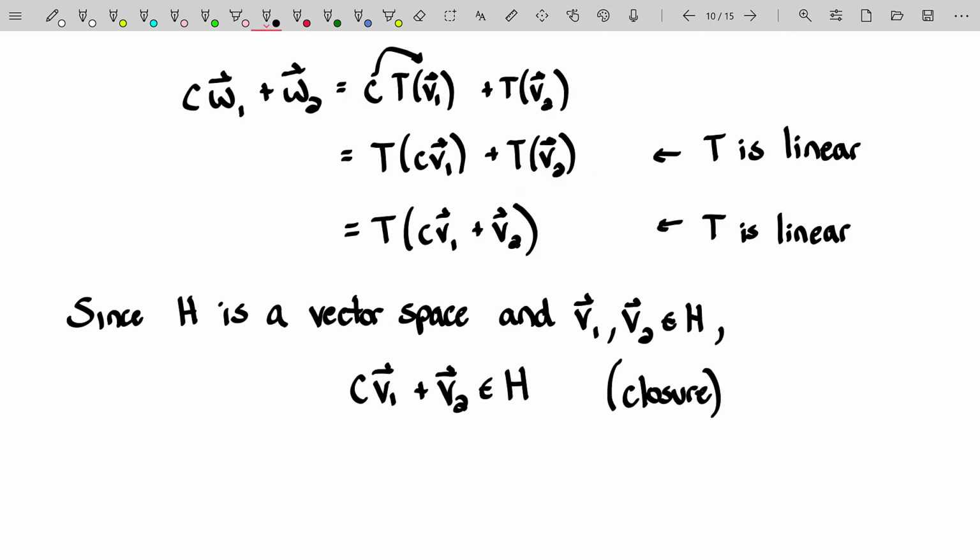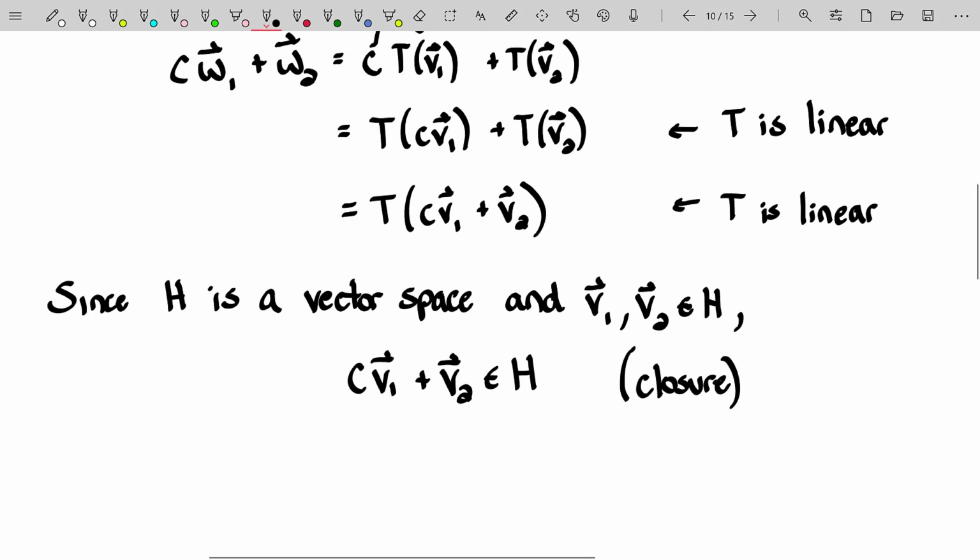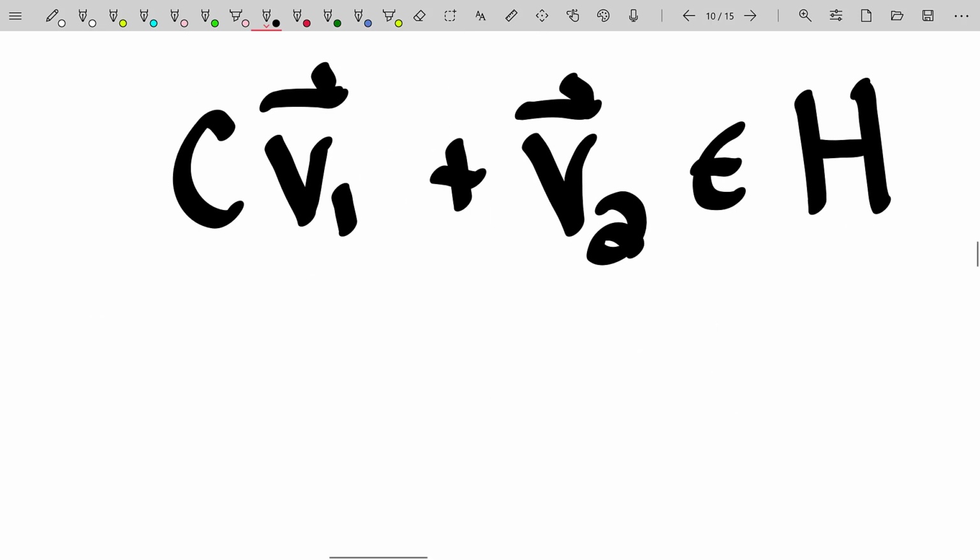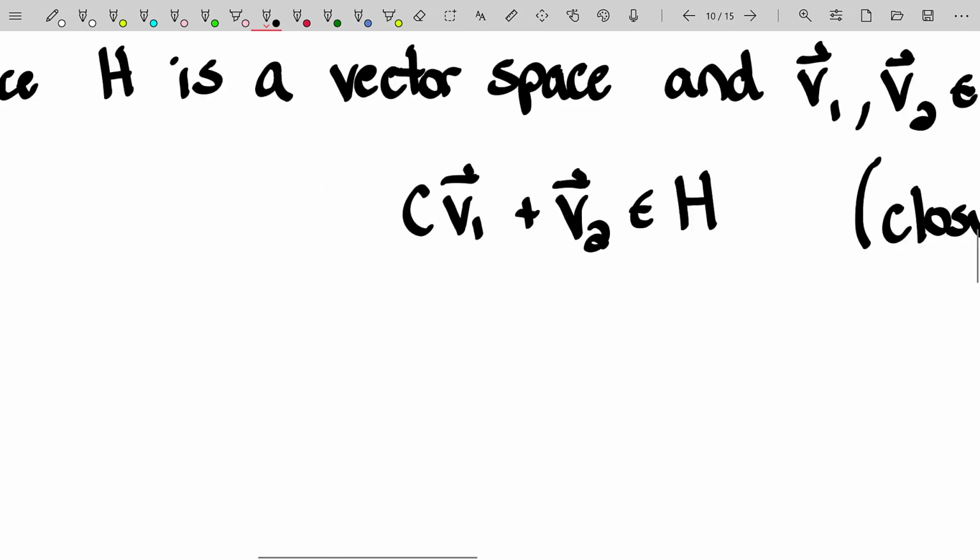Well, since H is a vector space and V1 and V2 are in H, then any constant multiple of one of those vectors plus the other vector has to be in H because, well, H is a vector space. It's closed under vector addition and scalar multiplication. Since this vector is in H, then T of that vector is in T of H.